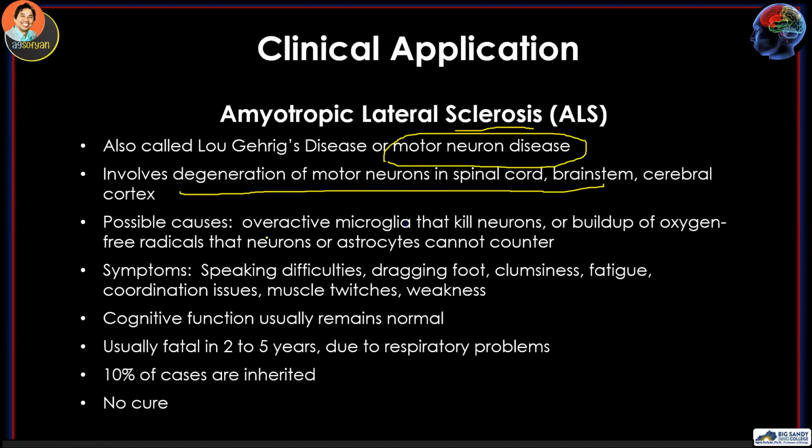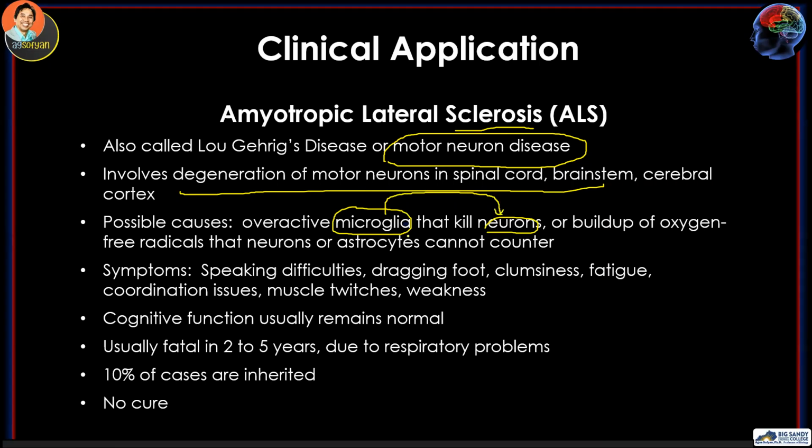Possible causes may be overactive microglia that kill neurons. Remember, microglia is a type of neuroglia that helps protect us against disease. However, this microglia may also attack our own cells, in this case, the neurons.